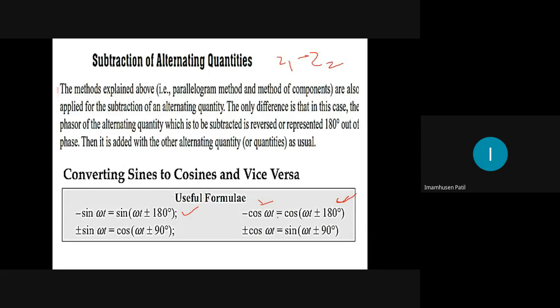Note down the formulas. Plus or minus sine omega t is equal to cos of omega t plus or minus 90. Plus or minus cos omega t is equal to sine of omega t plus or minus 90.